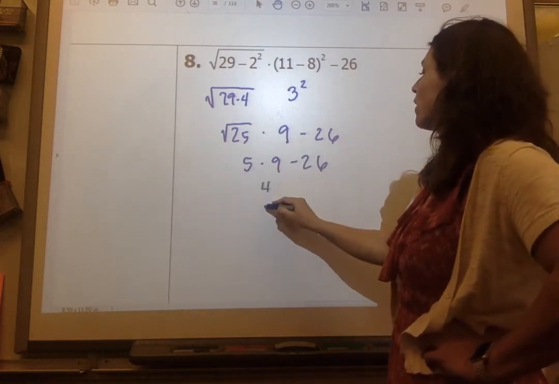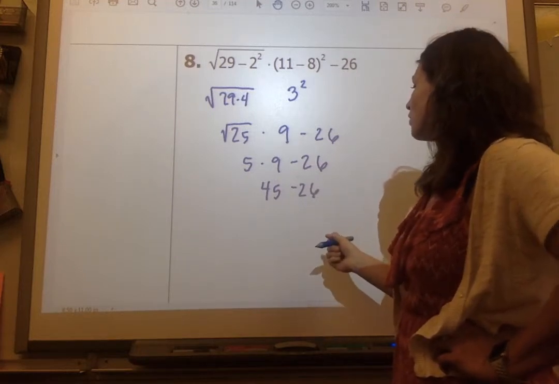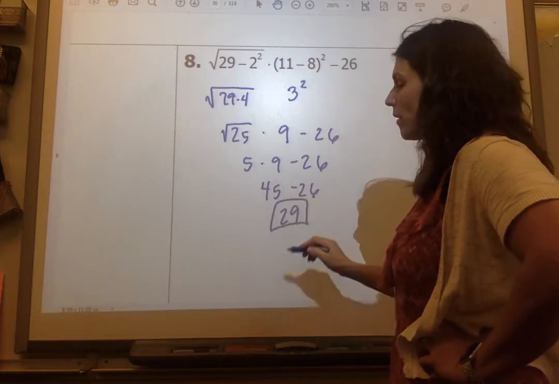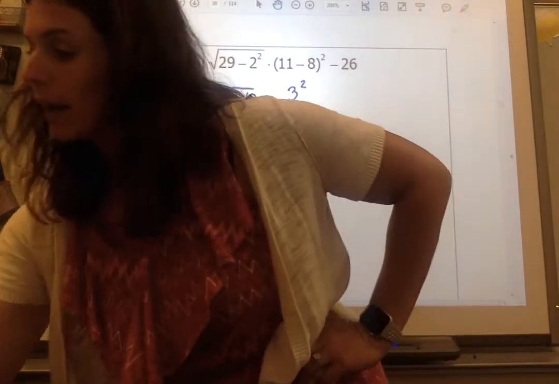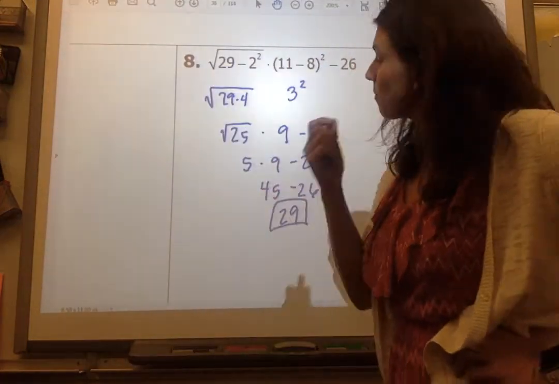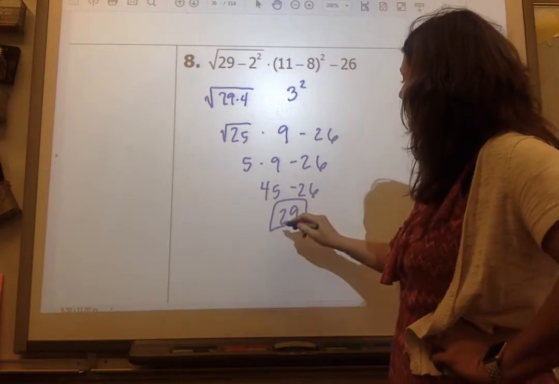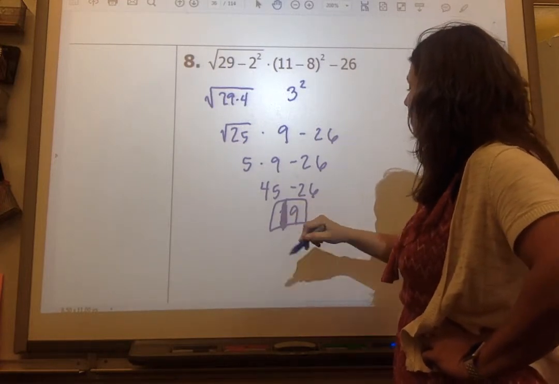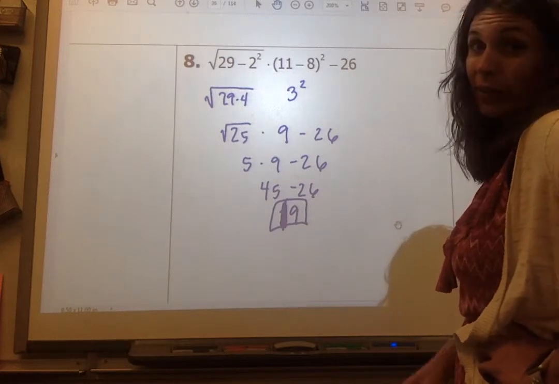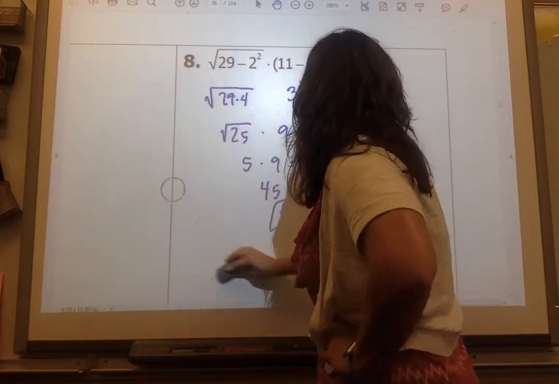Multiplication is 45 minus 26, and that's going to give me 29. So 29 will be my answer for number 8. No, it's not. It's 19. 45 minus 26 is 19. Okay, so 19 on that one. Messed up on my addition and subtraction. Okay, so that's number 8.